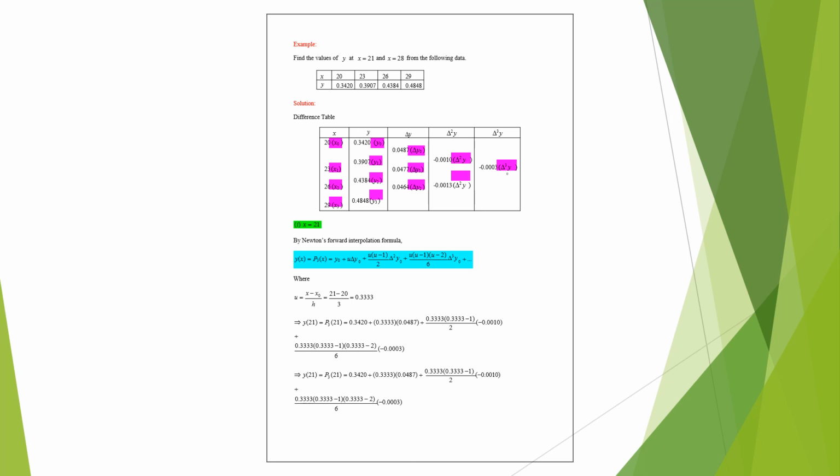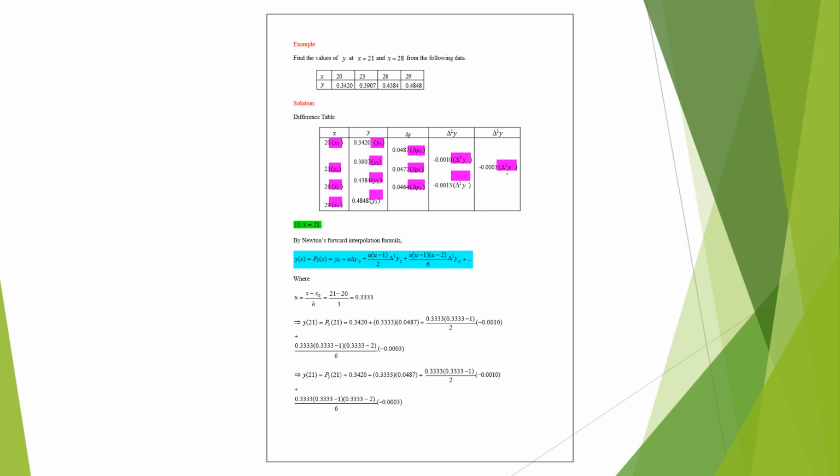And next we have to find out the second differences of y, which is denoted as delta square y. First we have to find out the delta square y naught. The formula of second difference is delta y1 minus delta y naught. That is 0.0477 minus 0.0487, which is equal to minus 0.0010.